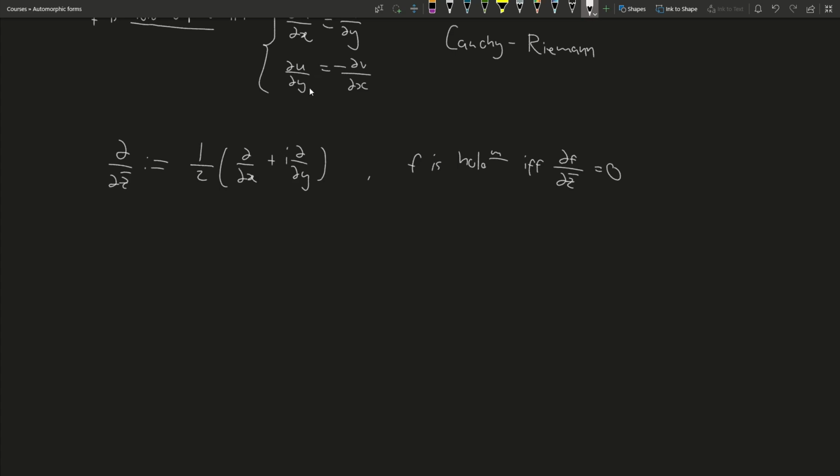So this d/dz bar thing is really just unpacking the notation of the stuff above. So let me show you that.